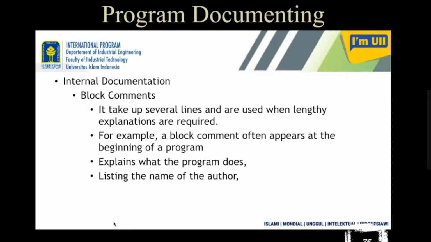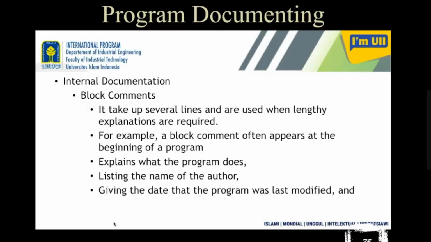They list the names of the authors who are responsible for writing the program, the date of the program, when the program was last modified, and any other important information. Those are the block comments.